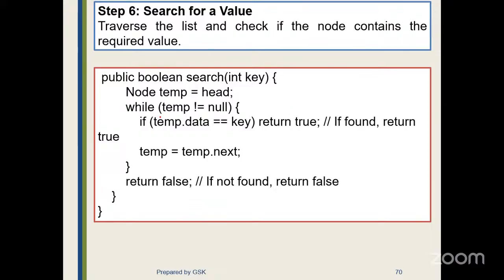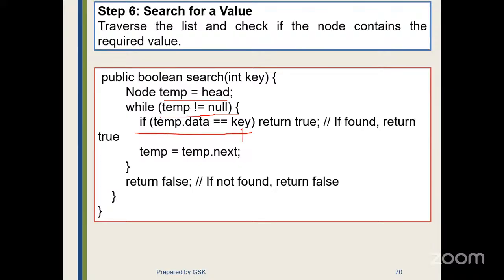So until reaching the last point, how do we know that is the last point? Null. If we reach null, that is the last point. If the link is not equal to null, we can continue our operation. While temp not equals to null means if the pointer value is not equal to null, we have a next node, so you can continue the operation for searching the data.